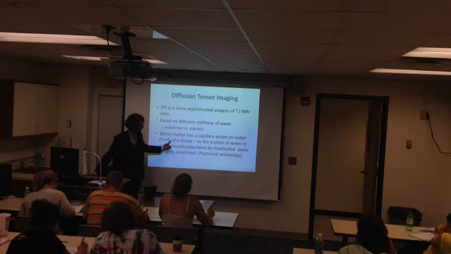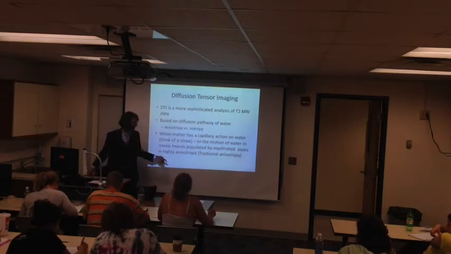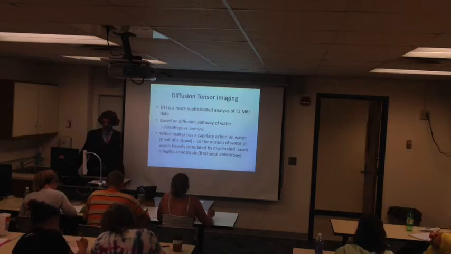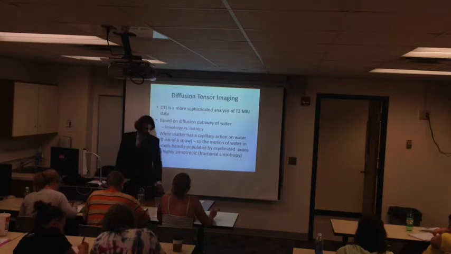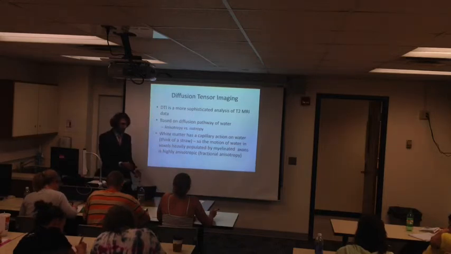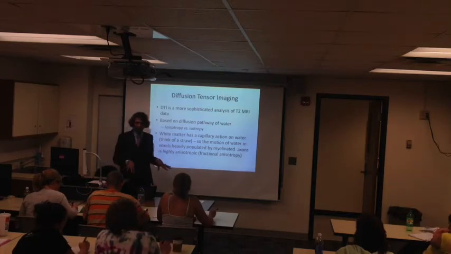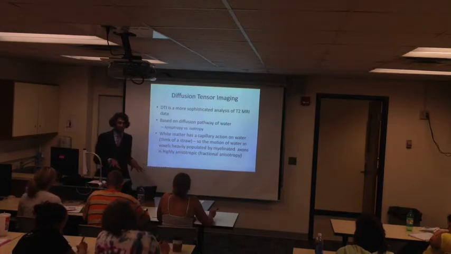And the way you think about this is like a straw. So white matter has a capillary effect on water. If you think about it, it makes sense, right? Like suppose that I have this table and I spill a glass of water on it, right? You can kind of imagine the water going off in every direction on this flat surface, right?